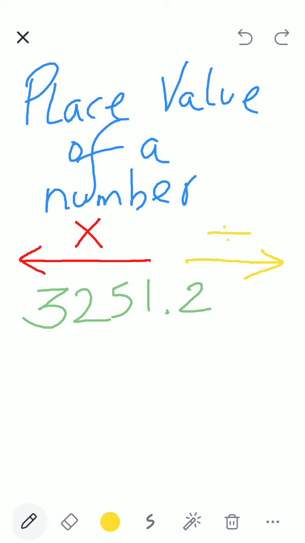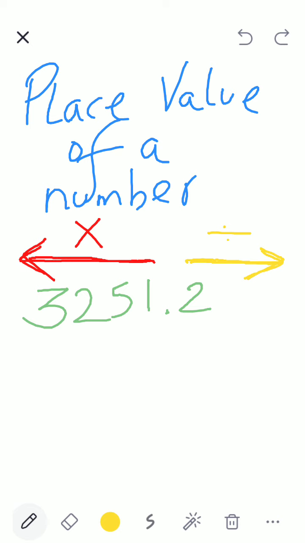Clear, children? Always remember this. In a number, from the decimal point, if I am going towards the left, it is multiplication. And if I am going towards the right, it is division.